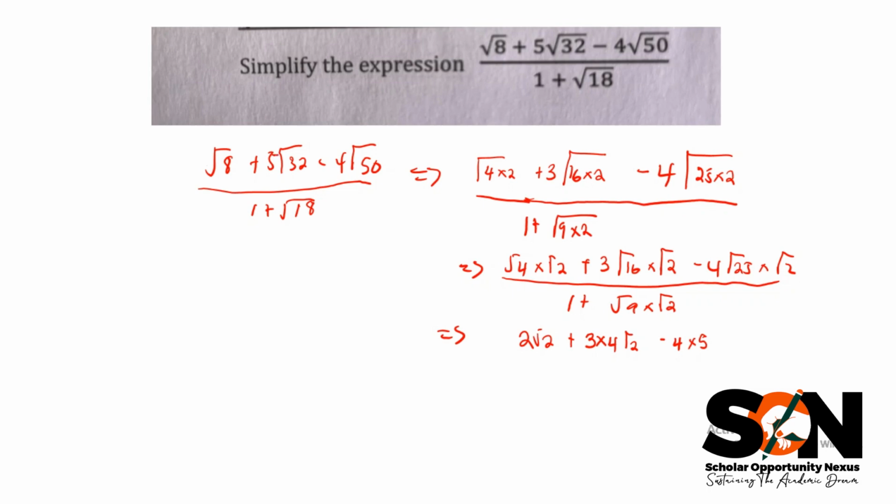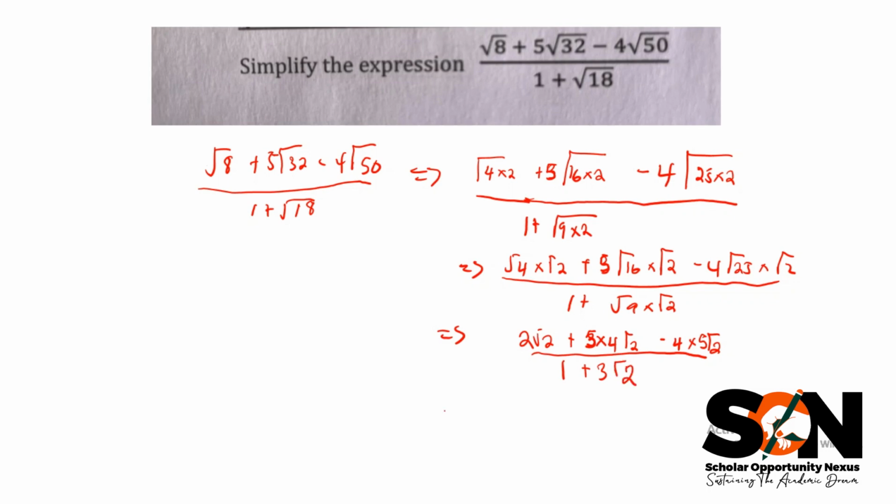Here is 5. It is 5 here. So here should also be 5. Okay. 5 times 4 square root of 2 all over 1 plus 3 square root of 2.